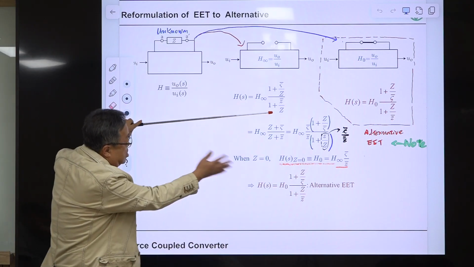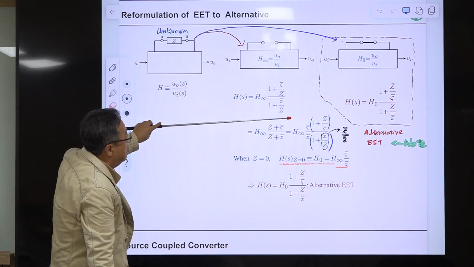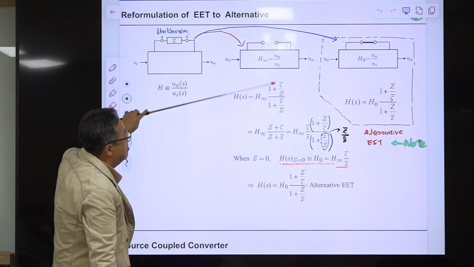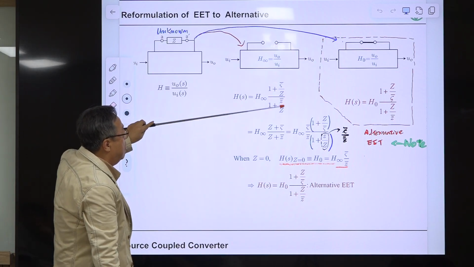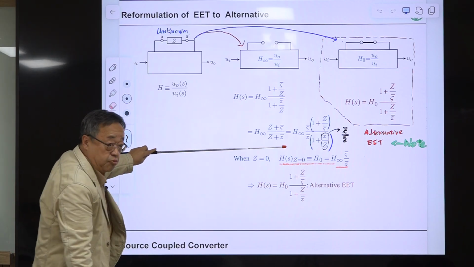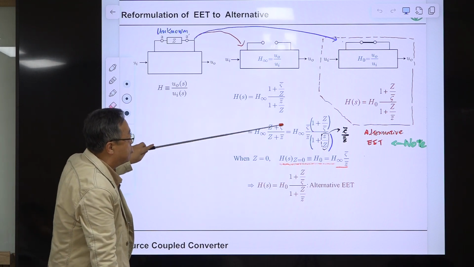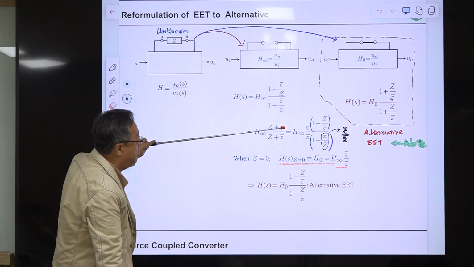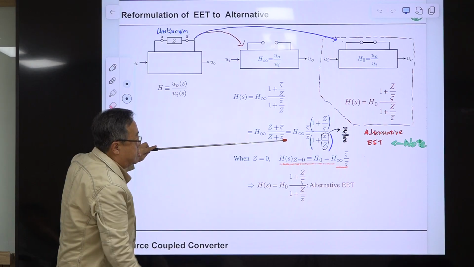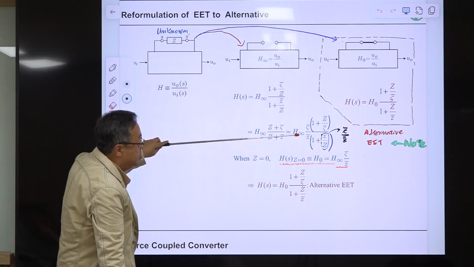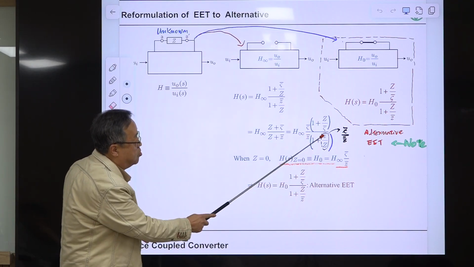And we simply modify this. First, we multiply G in the numerator and the denominator, and we have this form. And we take out zeta bar in the numerator and take out G bar in the denominator. Then you have this, and this was wrong. It's okay.